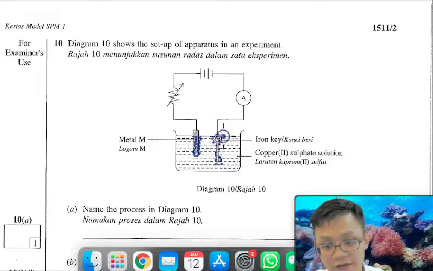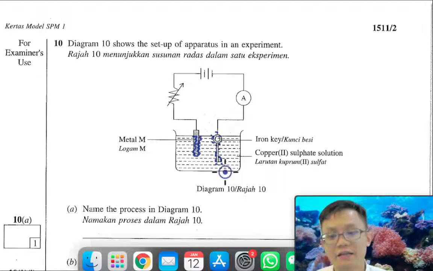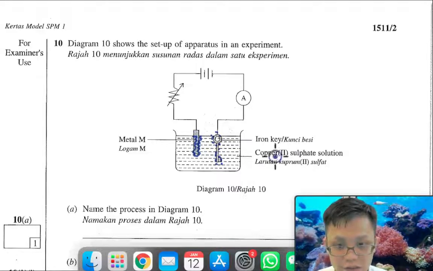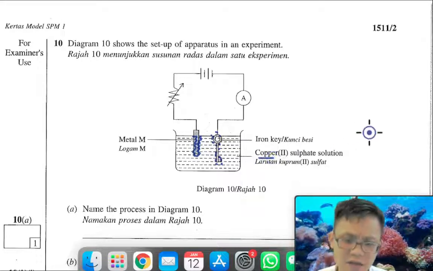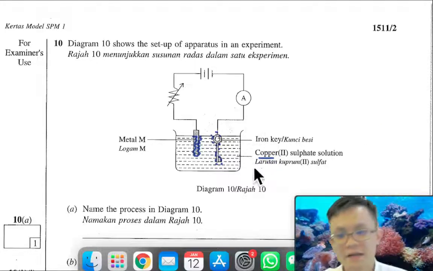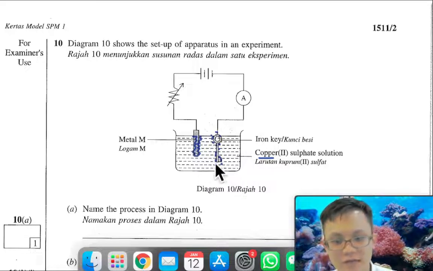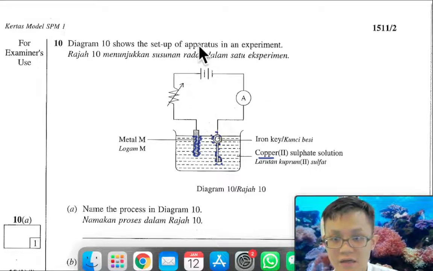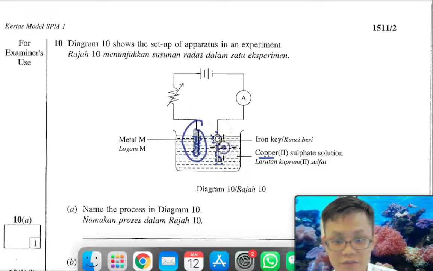Also we can say for electroplating, and this one will become bigger, another one will become smaller, and the blue solution does not fade. The reason is because the metal M is also copper, so it actually takes the copper from here.